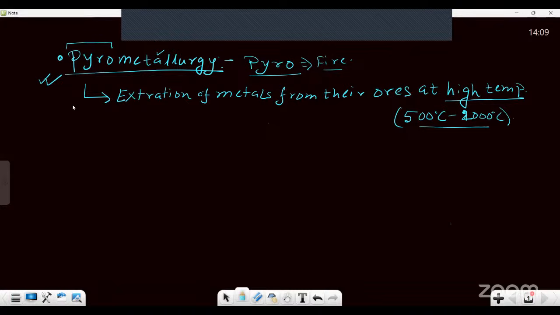Now, these processes bring about physical and chemical transformations. This high temperature brings about physical and chemical transformations. And what we achieve is separating the metal from their impurities, that is the gangue materials.